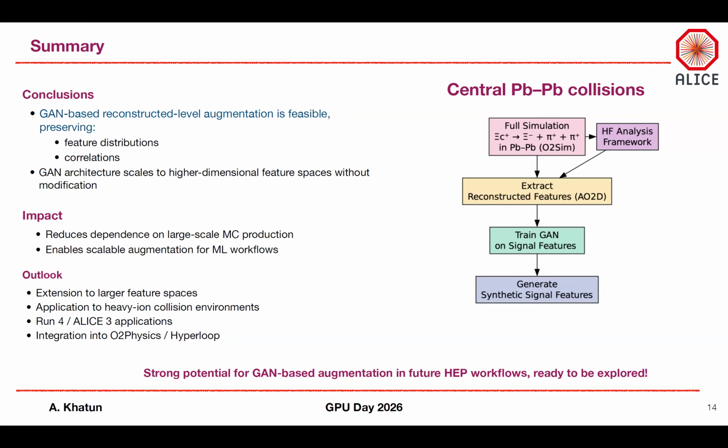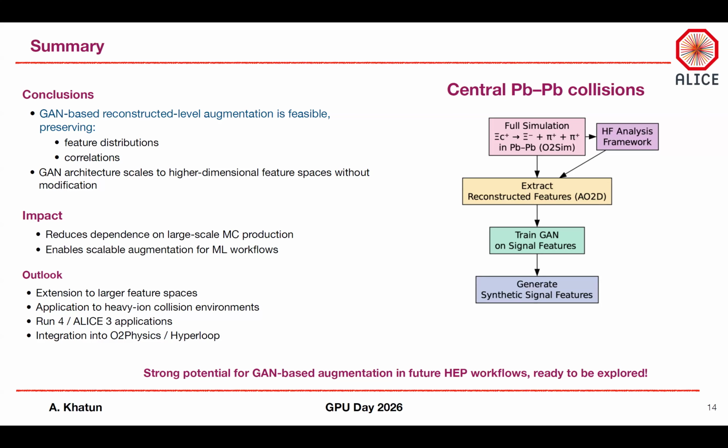And this has also become more relevant for the central lead ion case, as you saw in the previous talk, that we need a large number of data sets, which requires GPU usage and event samples. So this will be relevant there as well.